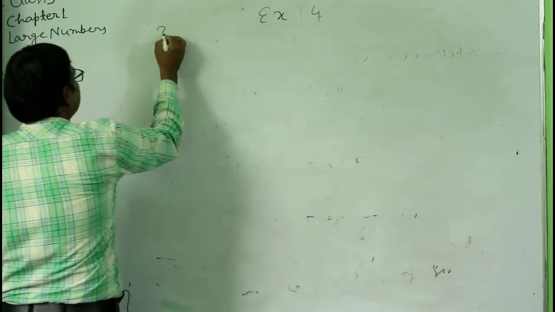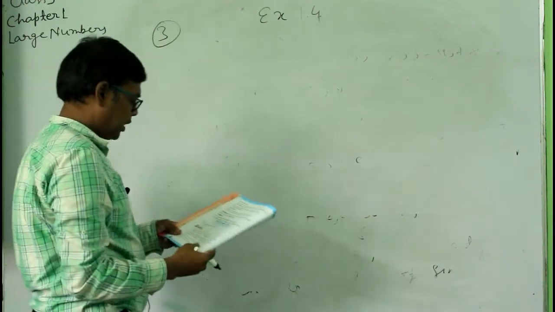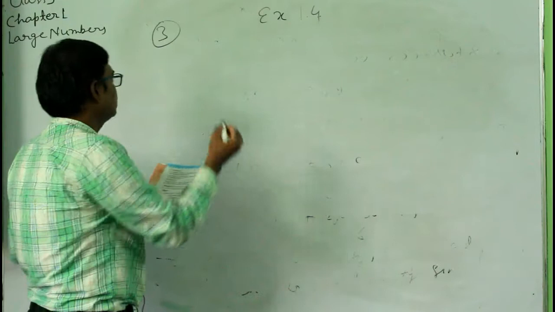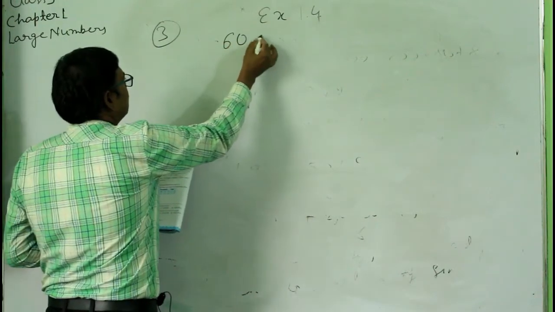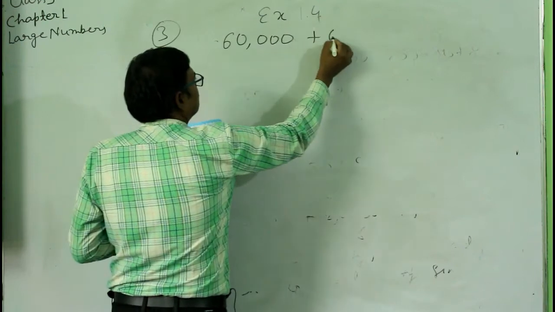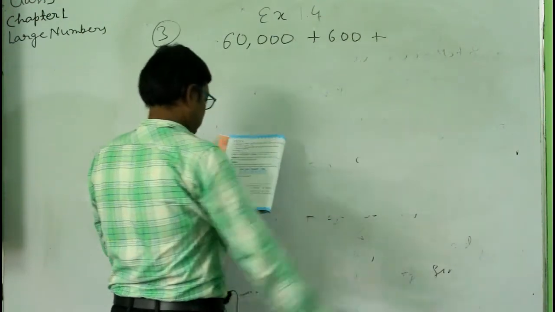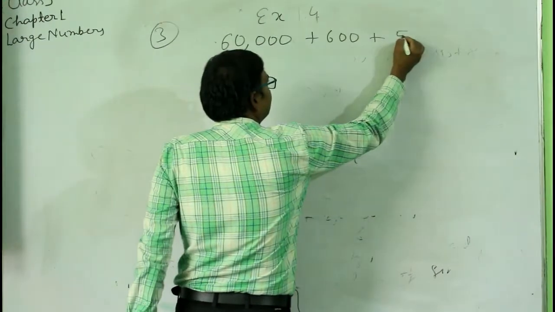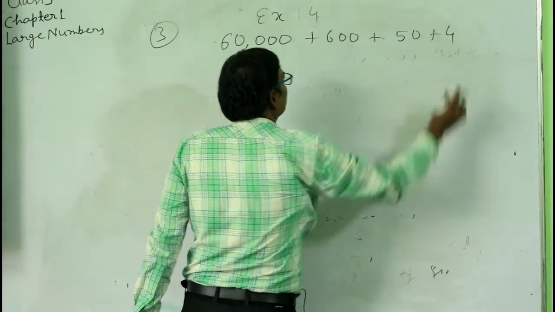So question number 3, in the standard form. So first is 60,000 plus 600 plus 50 plus 4.